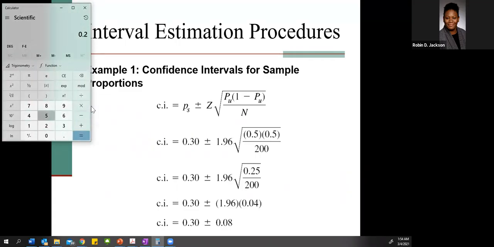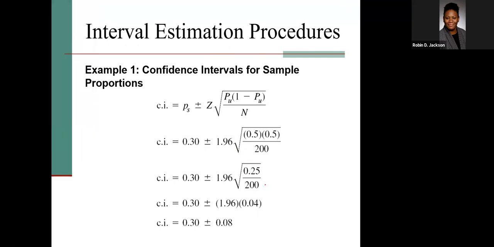So 0.25 divided by 200 gave us 0.00125, two zeros and then a 125. So the step that's not shown right here, this is that step. So we'll just do this.